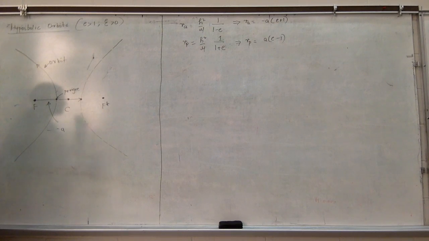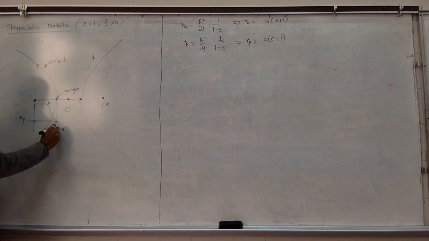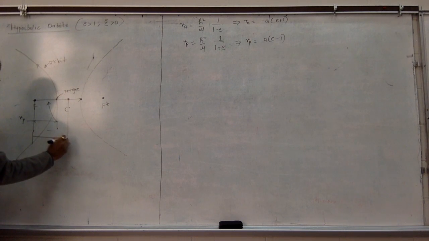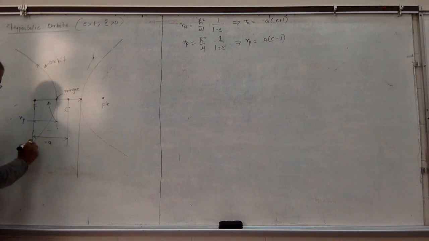So it's for the center, because it's the other focus. What is this? RP. From center to focus A, this is negative A, and this is RB.